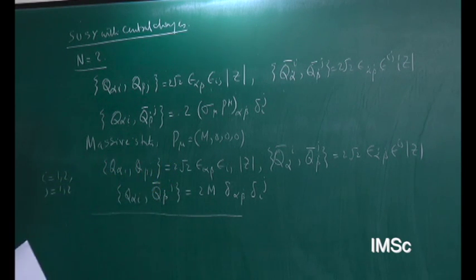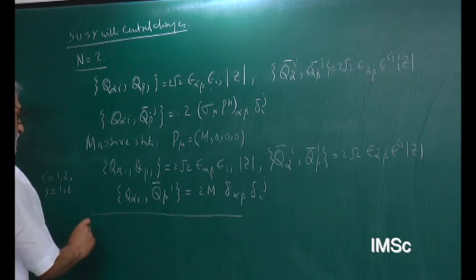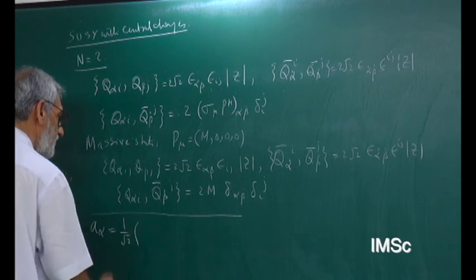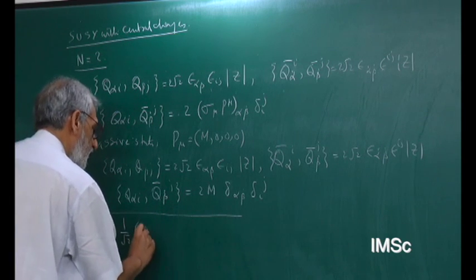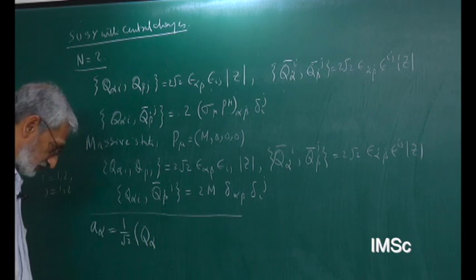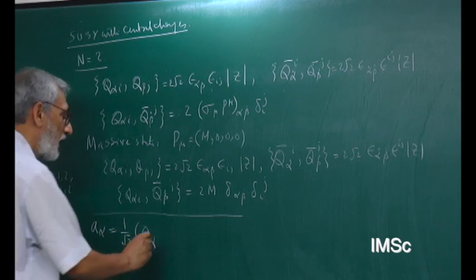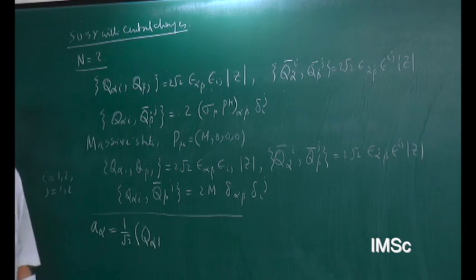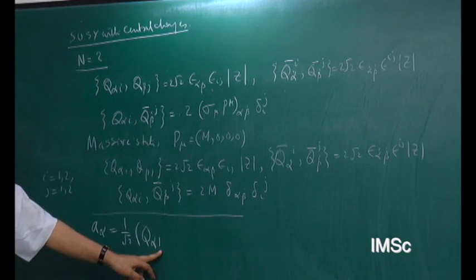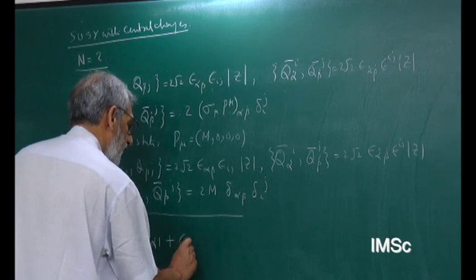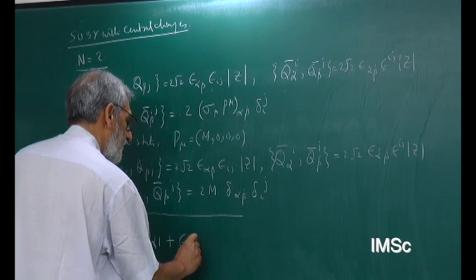So let's make linear combinations of these, and we call them A alpha, 1 over square root 2, Q alpha, spinor index, and 1 is the I equal to 1, the internal space index, plus epsilon alpha beta dot.